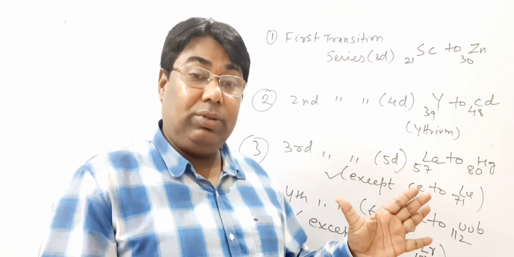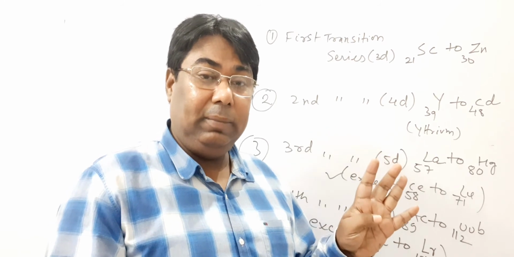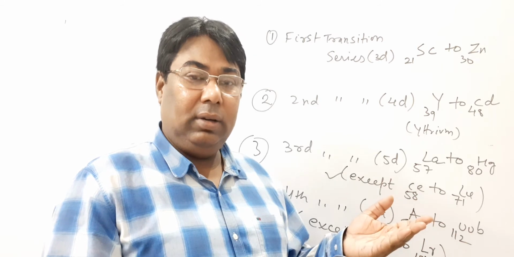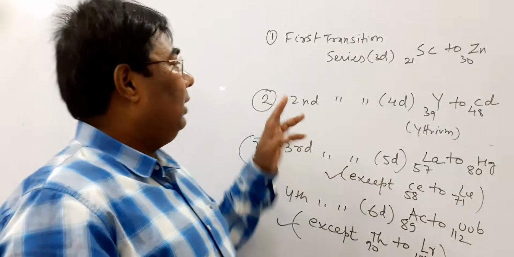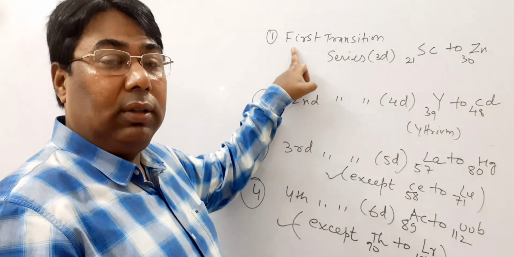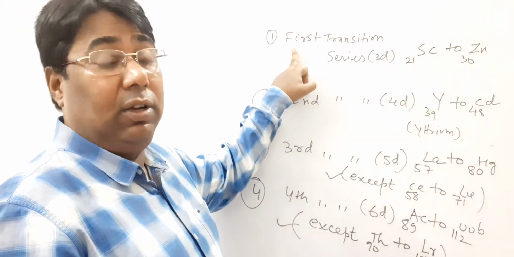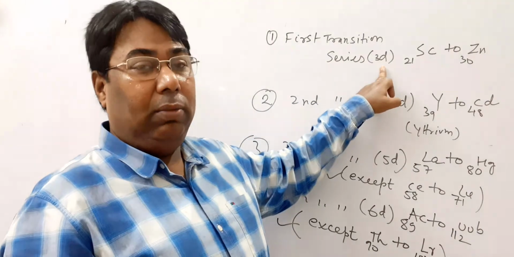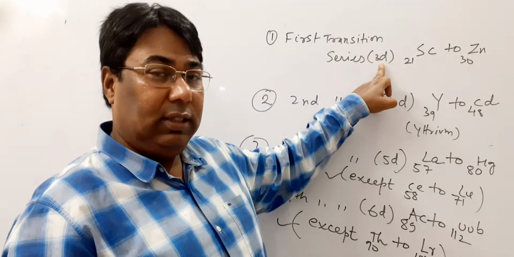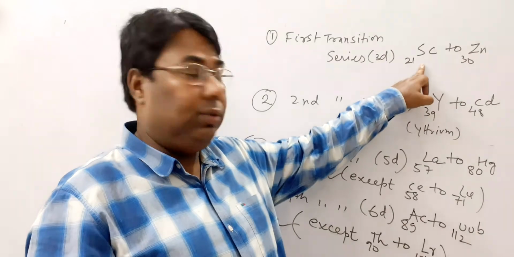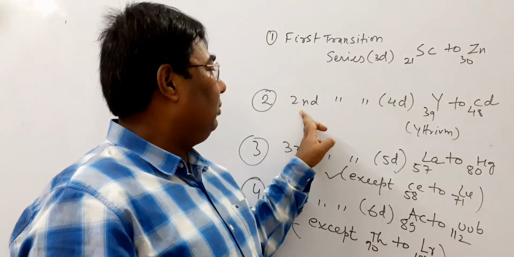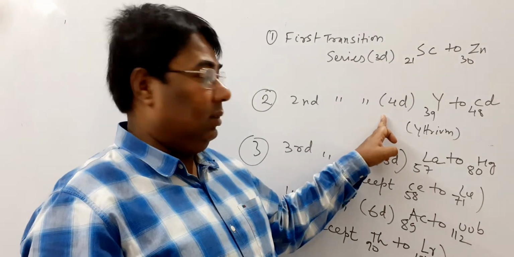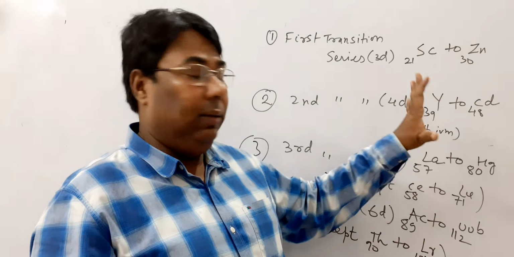So my dear students, once again, in the modern periodic table, transition elements are separated into four series. Number one, first transition series, whose last electron belongs to 3d, so it is the 3d series, scandium to zinc. Second transition series belongs to the 4d series, yttrium to cadmium.